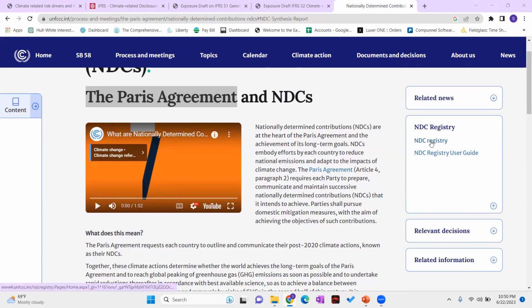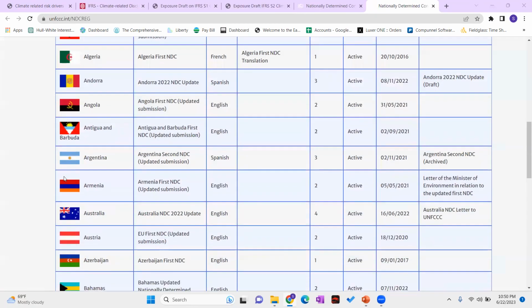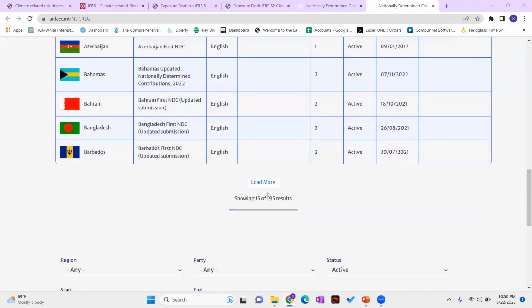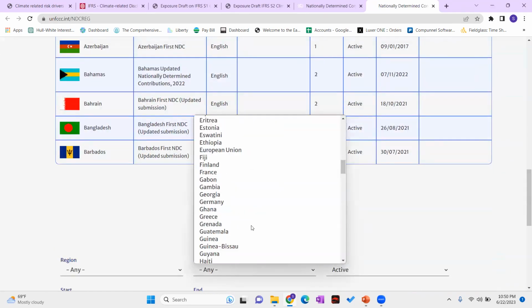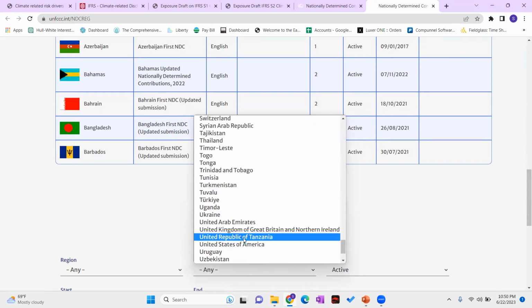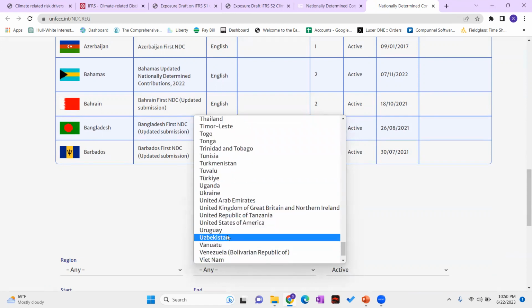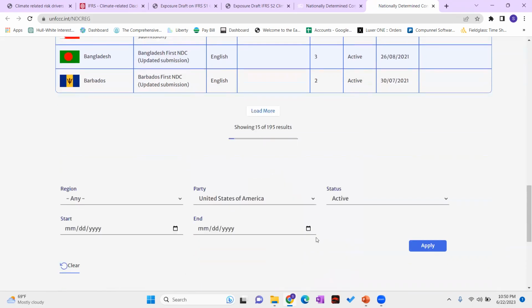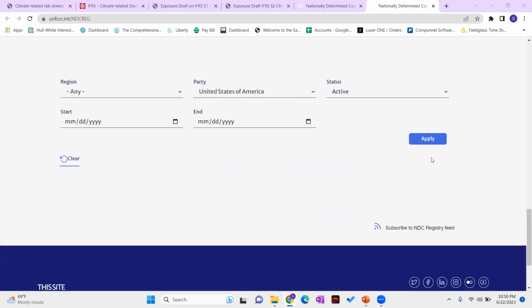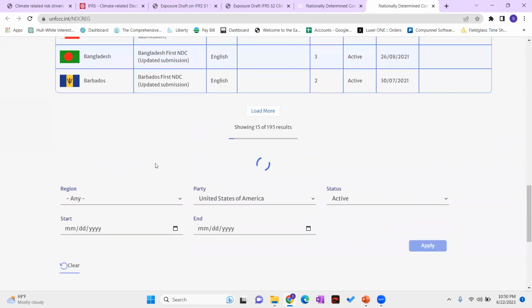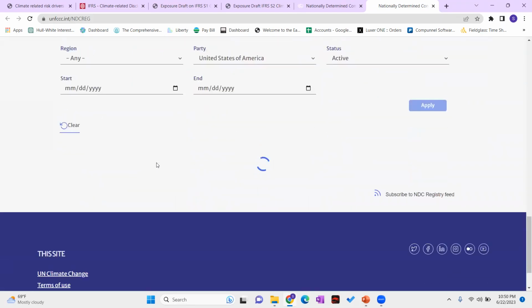Every nation has published or agreed to a specific emission strategy. I'll show you probably the United States and then India. This is very important, both for the SCR exam and in general. It's a little bit slow.